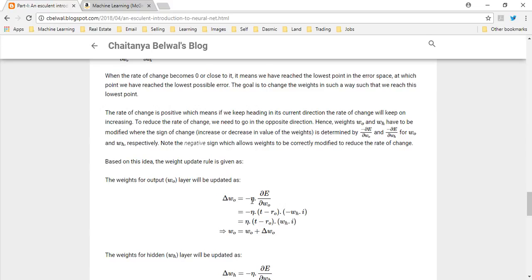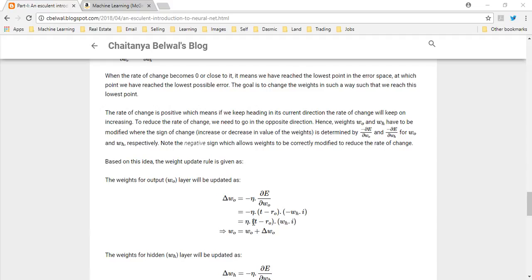We multiply it by a learning rate times the rate of change of E by WO. This value eta is the learning rate. We multiply by the value, and then the final value of WO is computed as the original value plus the delta.